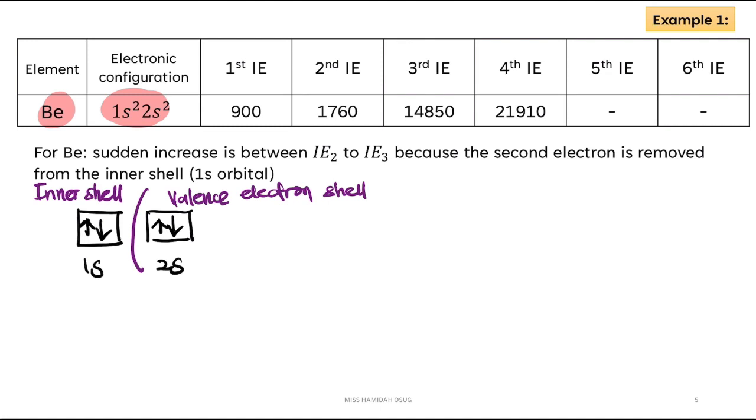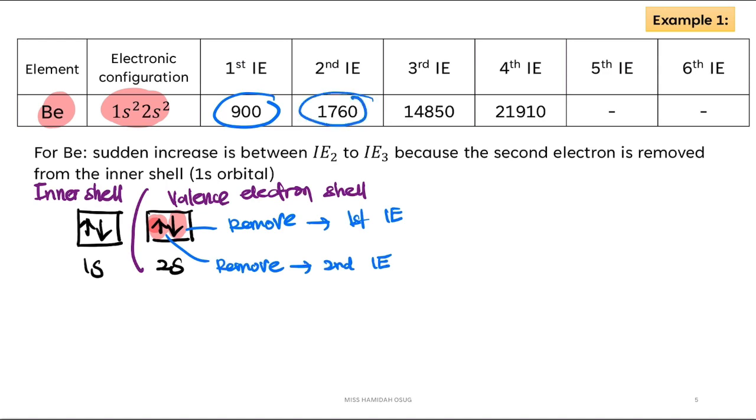Remember, electrons are removed from the outermost shell first, so the removal of one electron happens in the 2s orbital. That becomes the first ionization energy with 900 kilojoules per mole. Next, the removal of the second electron, also in the 2s orbital, becomes the second ionization energy with 1760 kilojoules per mole.